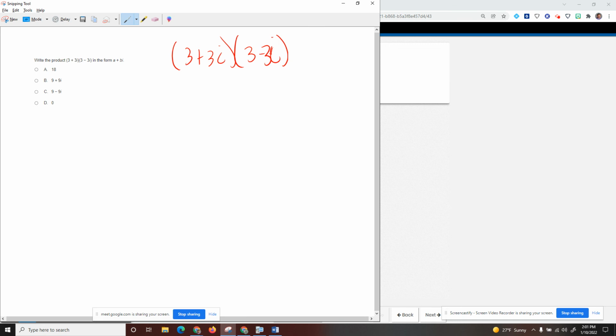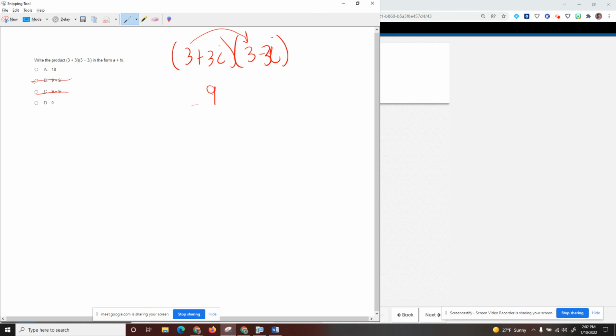So they both have 3 and 3i, one's plus, one's minus. When you multiply conjugates together, what we learned is that the imaginary number eliminates and you're left with a real number. So since I know multiplying conjugates together, I know my answer is going to be real. So it can't be C or D. It's going to be either 18 or 0. So let's FOIL this together and see what happens.